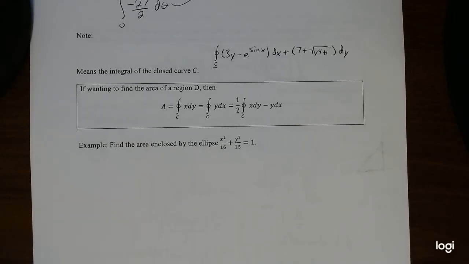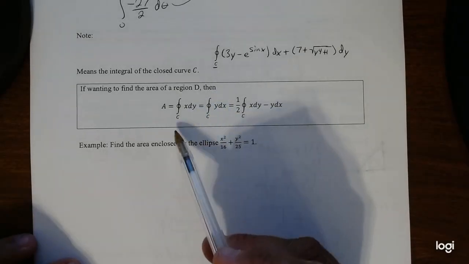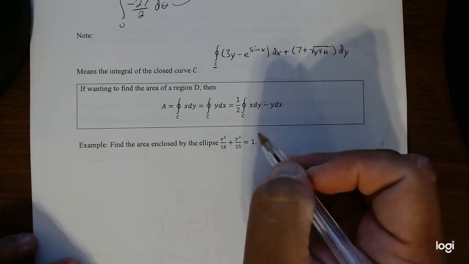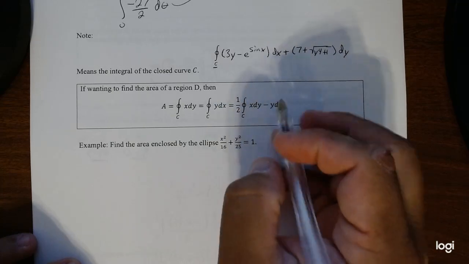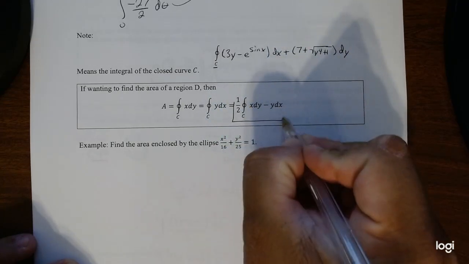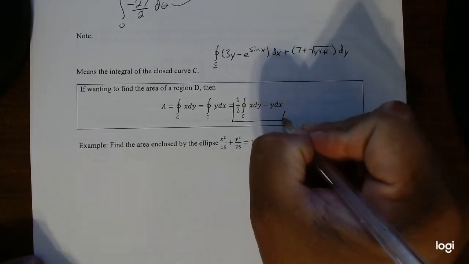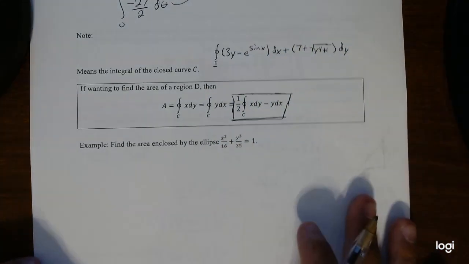If we want to find the area of the region that this curve creates, in this case a circle or a type of circle, the area is going to equal the line integral over the curve of x dy, which is the same as the integral of y dx, so it doesn't matter which one you convert. However, the proper one, if you put them both together, looks like this. So this is how we find the area of our region D, created from our curve C.